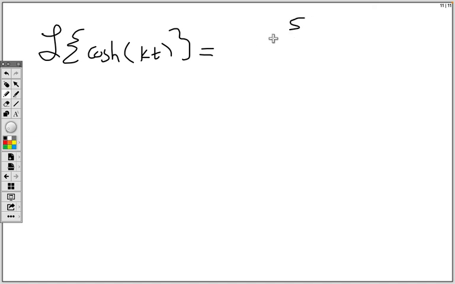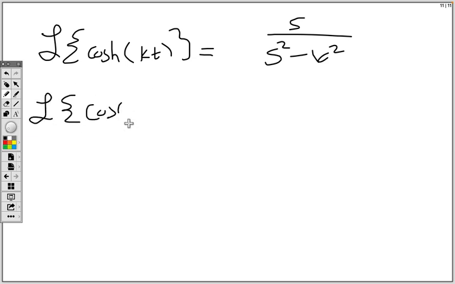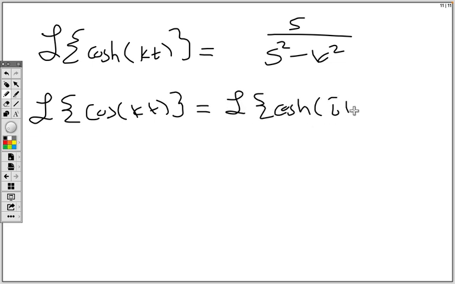I know the Laplace of cosh of kt, we just did. That's s over s squared minus k squared. The Laplace then of cosine kt is just the Laplace of cosh ikt.